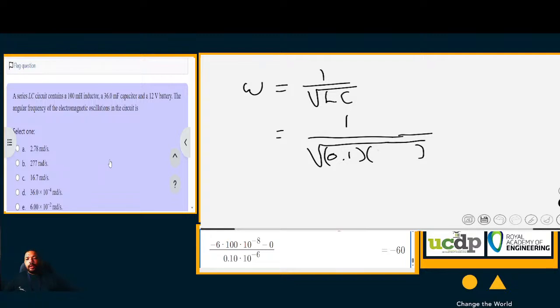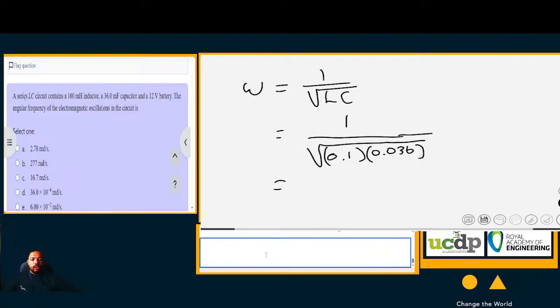If we divide that by 1,000, it should be 0.036, and that is in farads, of course. If you do this calculation, I'm going to show you at the bottom there on the calculator. I don't normally do this because to me it is kind of redundant. I know that you guys can do this on your own, but let me do this rather.